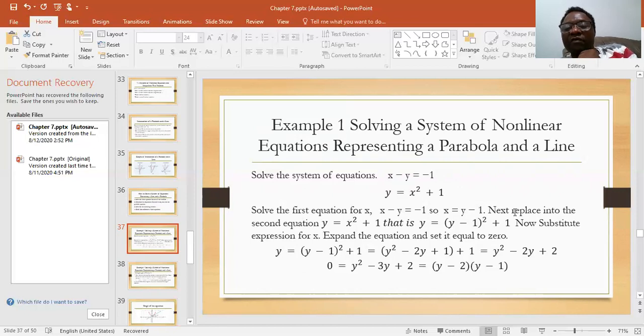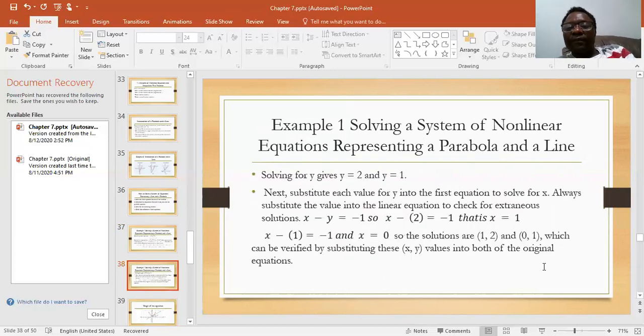In solving this, we get the quadratic expression y squared minus 3y plus 2, which is equal to y minus 2 times y minus 1 equals 0. As we know how to solve a quadratic equation, y equals 1 or y equals 2.